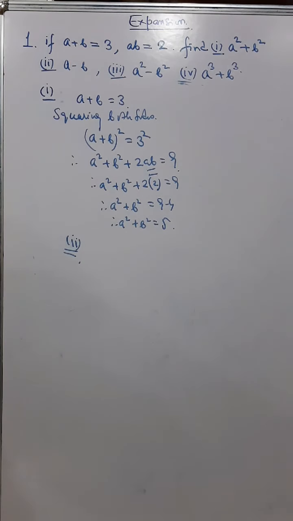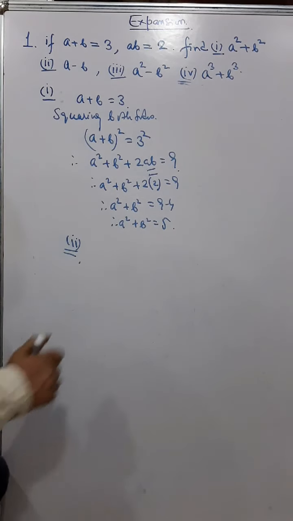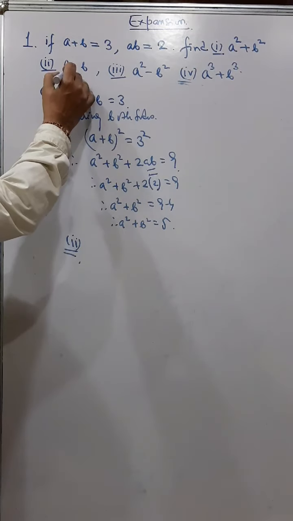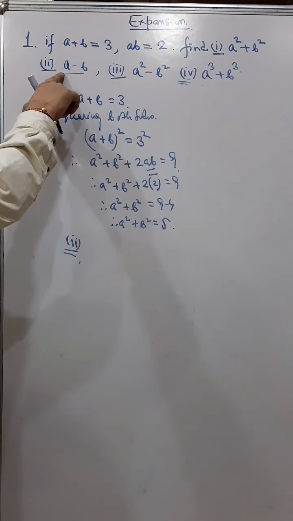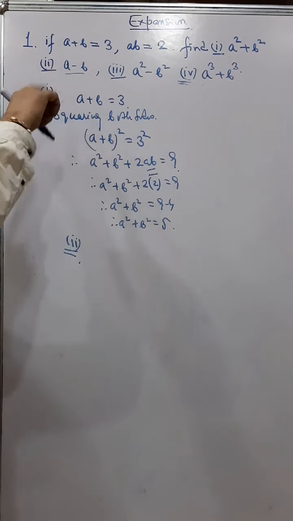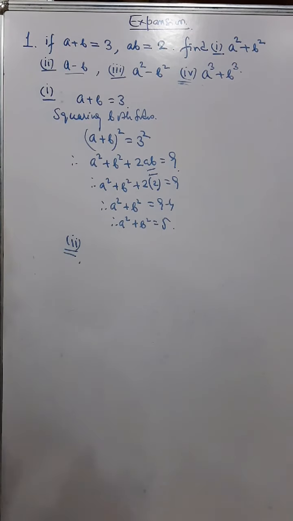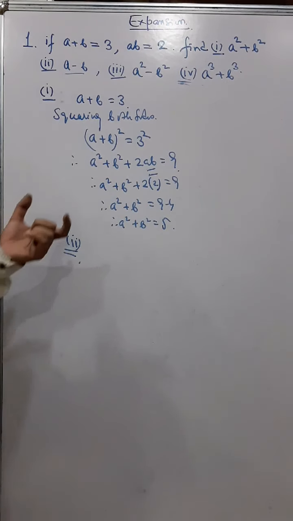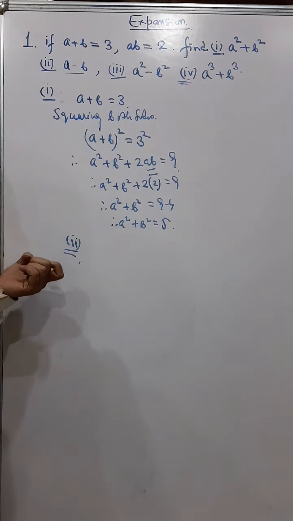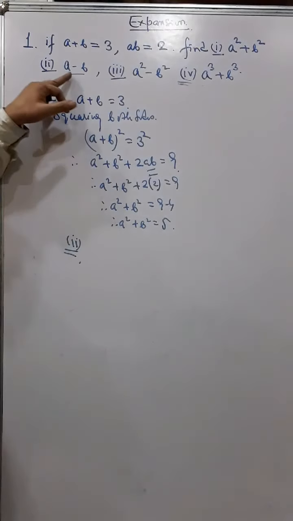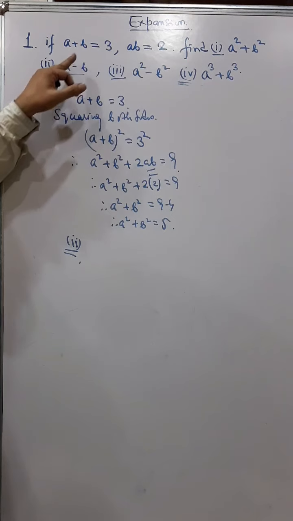Okay, now number 2, we have to find a minus b. We generally get a minus b whole square or a plus b whole square, because there is no such formula for a minus b only. We have a formula for a minus b whole square, and a formula for a plus b whole square. So we will get the value of a minus b whole square.